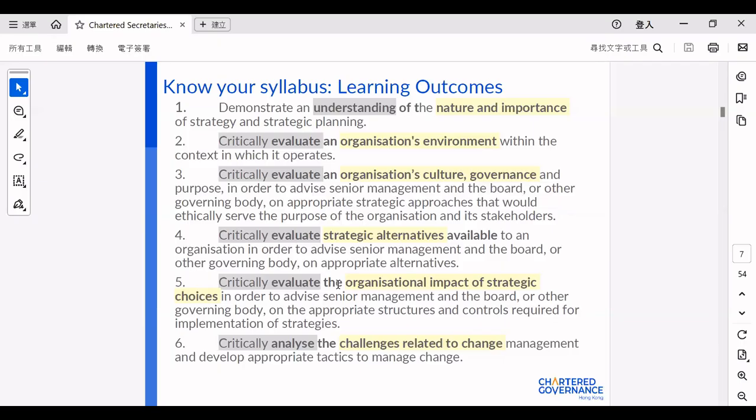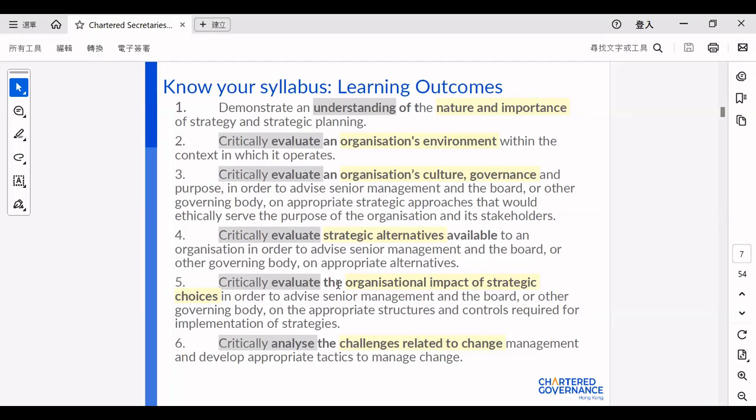Firstly, you have to demonstrate an understanding of the nature and the importance of strategy and strategic planning. That is section A. As we will see later, there's always a question on strategic planning: what is meant by strategy, the different perspectives of strategy.